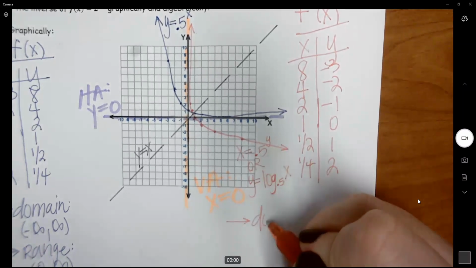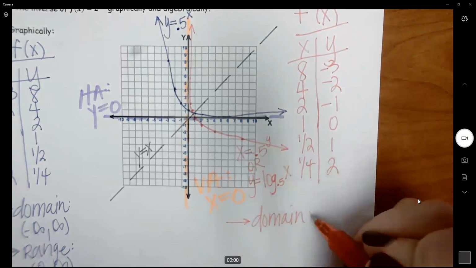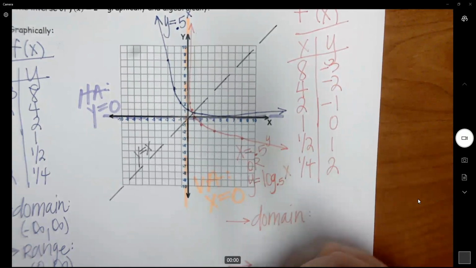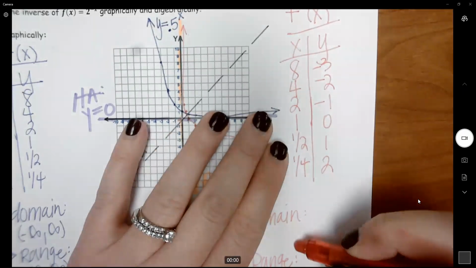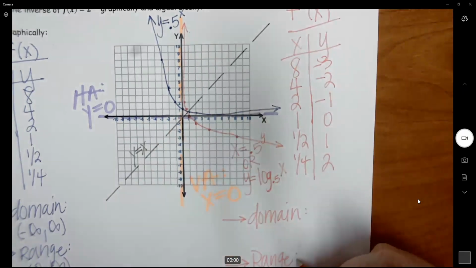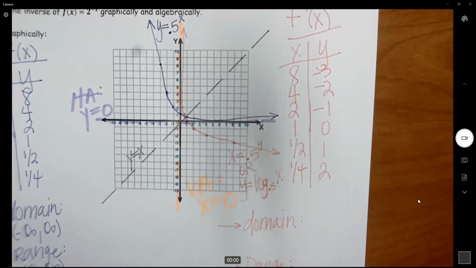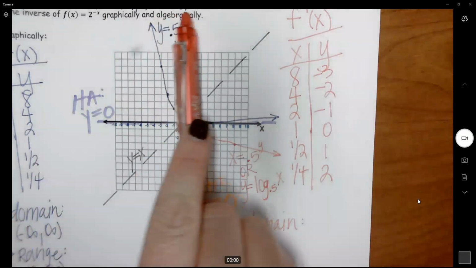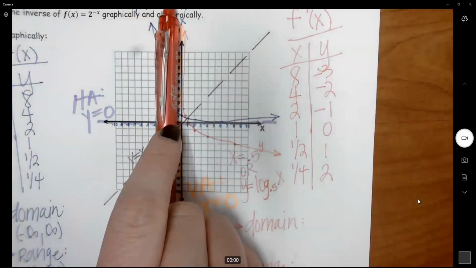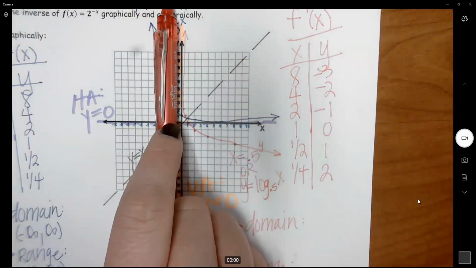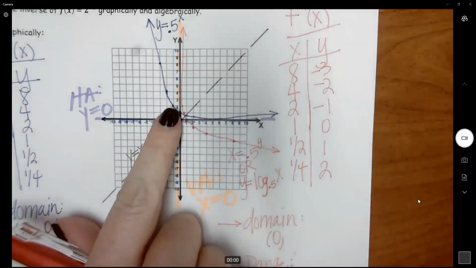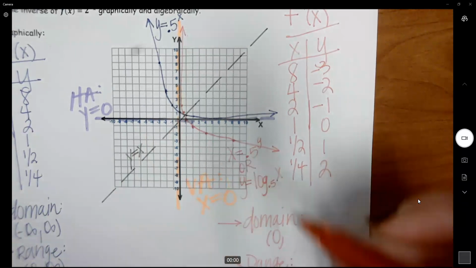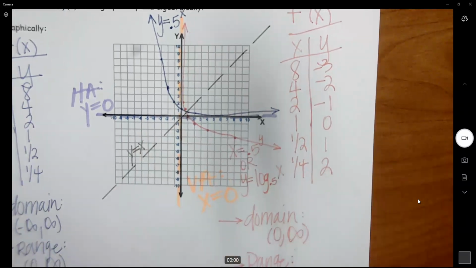So let's talk again about the same domain and range of my log. The domain, when I go from left to right, the first thing I go to is that vertical asymptote at 0. And then it's going to keep going forever to positive infinity.